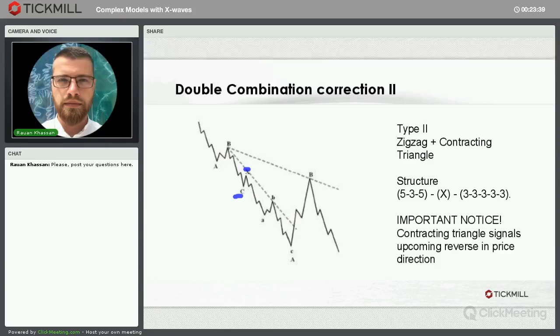The adequate signal line for the current combination is the B and E signal line at the end of the contracting triangle, but unfortunately it's possible to build it only at the end of this correction model build-up.